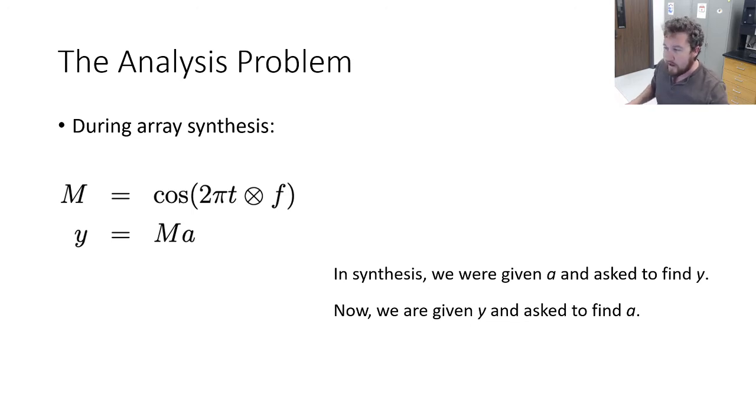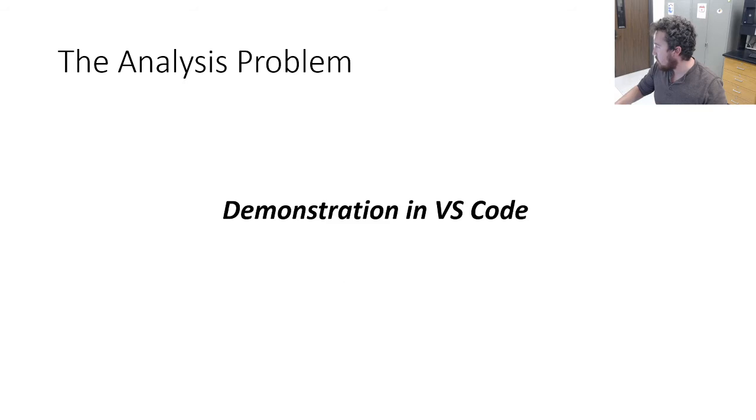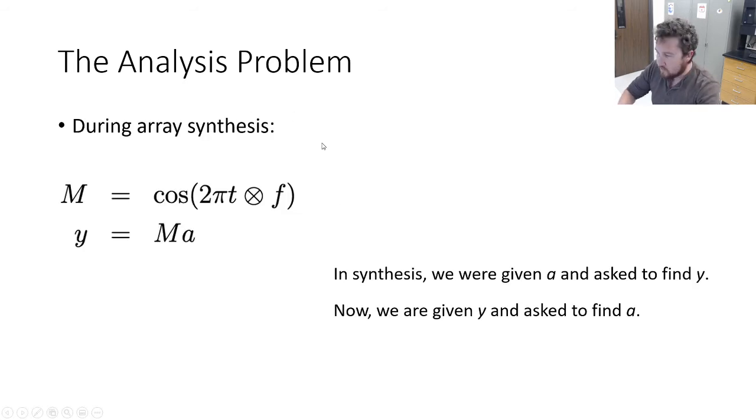We're going to be given y and asked to find A. But the matrix M stays the same in either case. So all we have to do is flip it over on its head and work it backwards. So let's take a look at what that looks like. First off, any questions about the gist here? We're essentially just going to work this y problem in reverse.